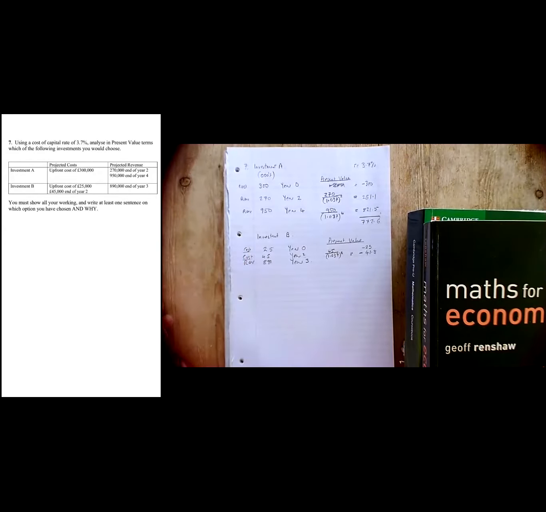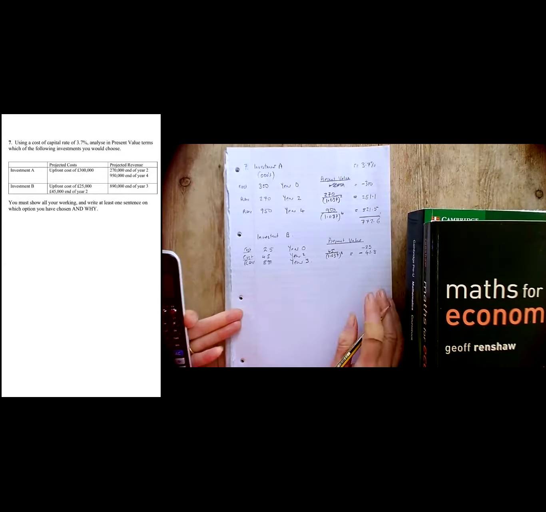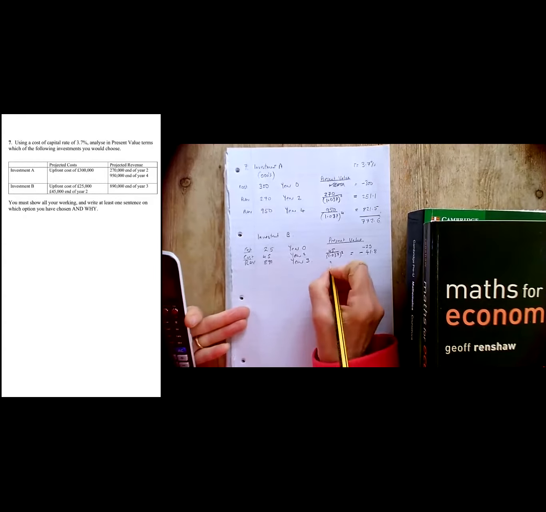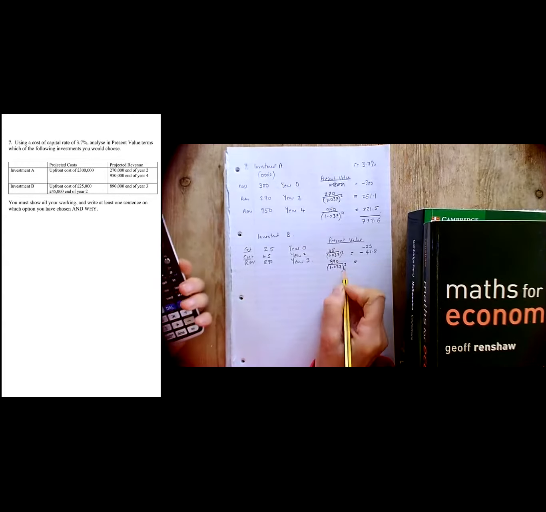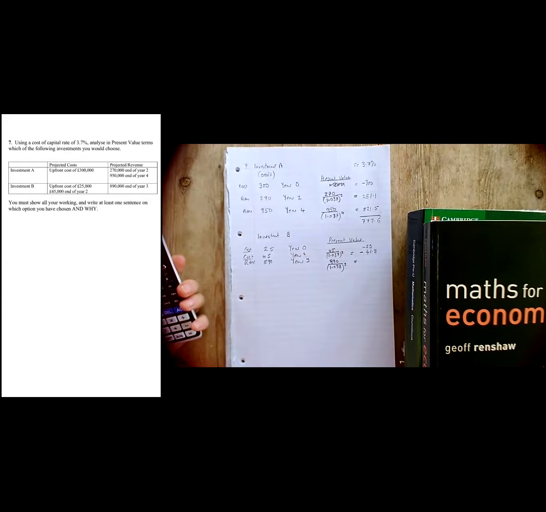It's a bad thing. And finally, we've got this revenue. Thank heavens we've got some good news coming, but we have to wait 3 years for it. So we have to discount that by 3, and this is going to be a positive value.